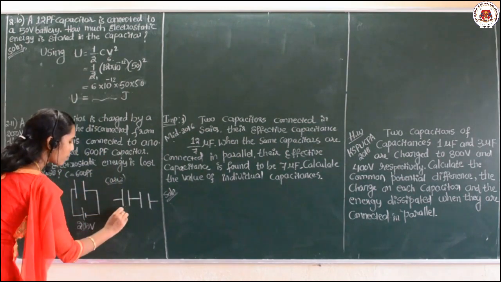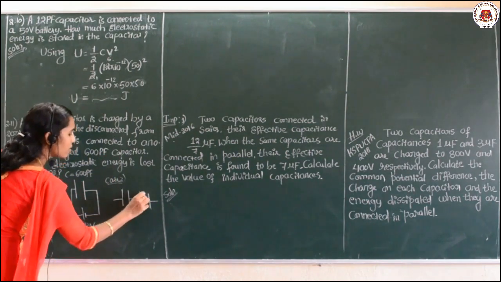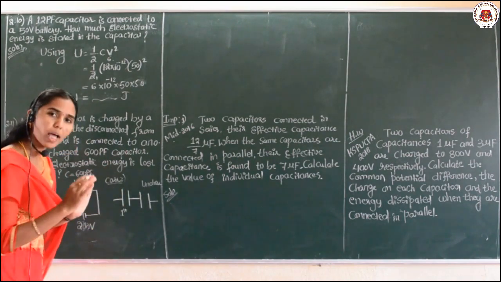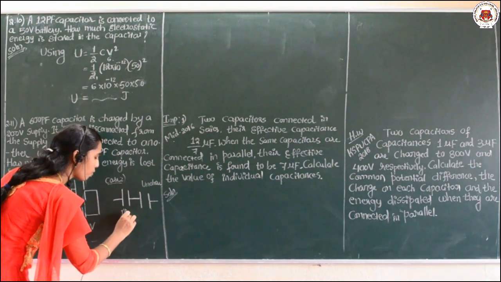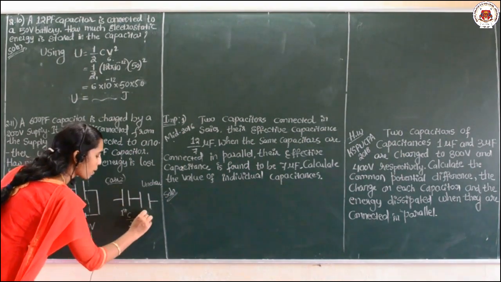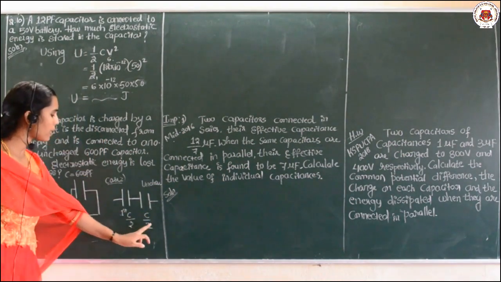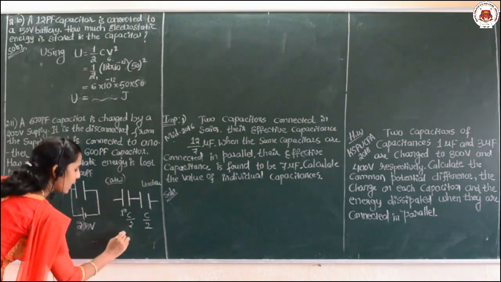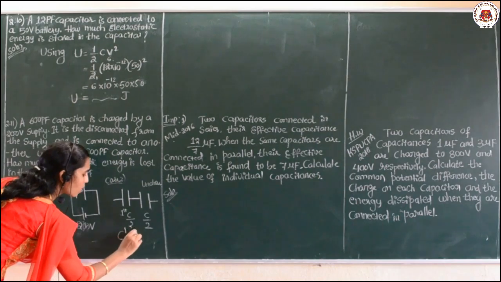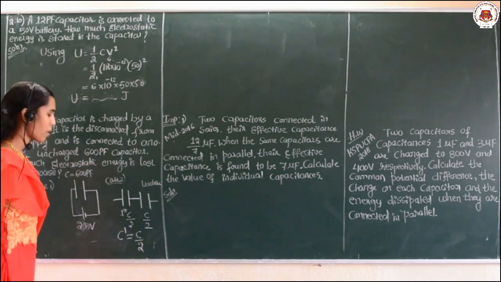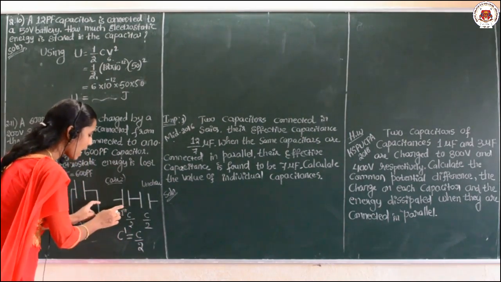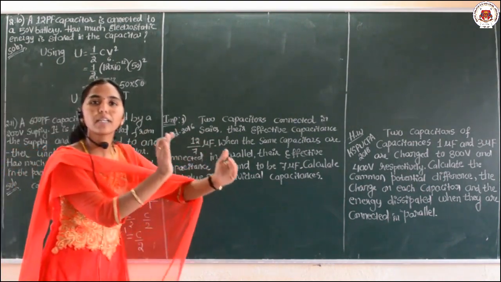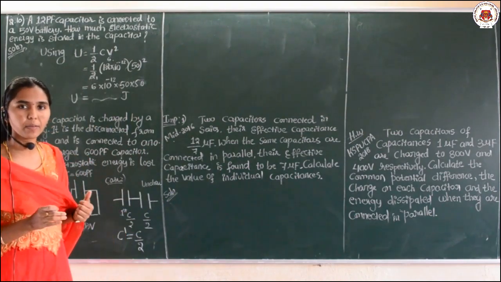This is the first capacitor and this is the uncharged capacitor, right. Now what happens? The capacitance of both the capacitors becomes C by 2 and C by 2. That is why you can take C dash equal to C by 2, because when a charged capacitor is connected to an uncharged one, the charge is shared equally.